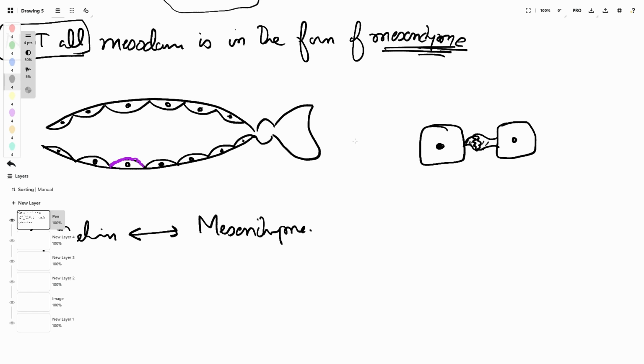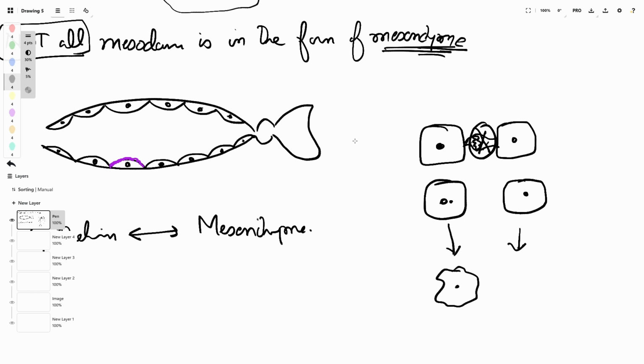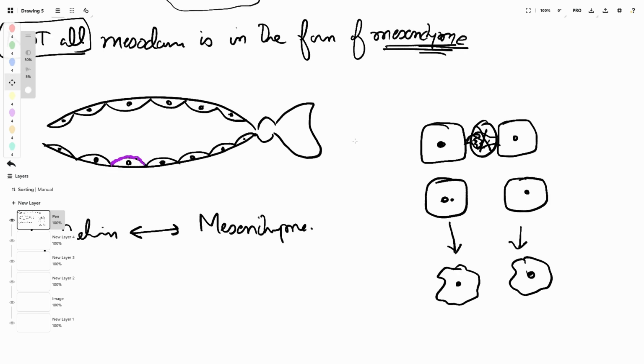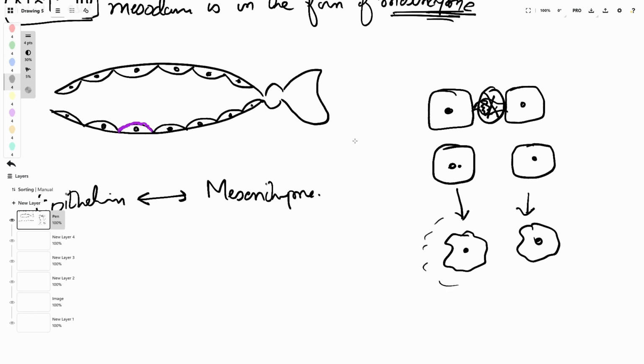So first of all, there will be down regulation of these proteins that are attaching them with their neighbors. So these cells will detach from their neighbors. And secondly, there are certain proteins within the cell that cause a particular shape of these cells. So these cells will lose the shape. And thirdly, they will start secreting a ground substance to form the mesenchyme. So epithelium can be interconverted into mesenchyme.